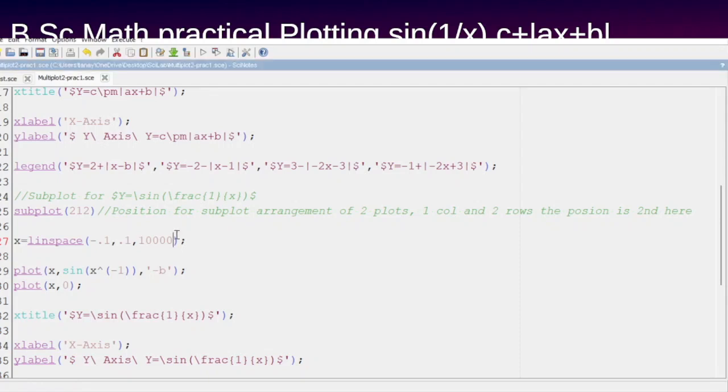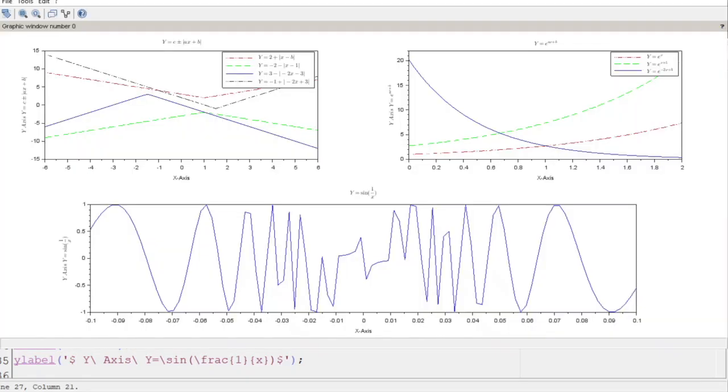I think 100 is showing a very good graph where we can easily analyze our function. So this is our 2 1 2 position of the subplot.